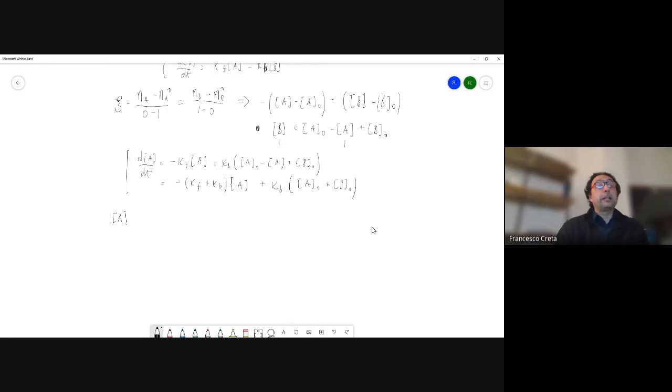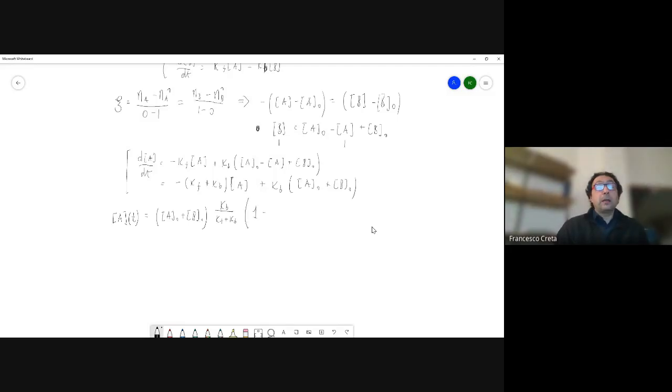So we write down the concentration as a function of time, okay? So we can use this notation here. This will be equal to, okay, we have a constant multiplication here. So A0 plus B0. Then we have the term KB over KF plus KB, okay?